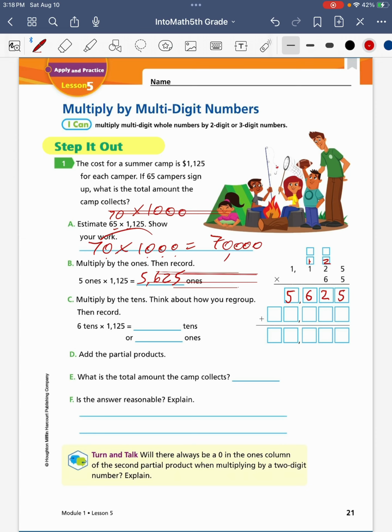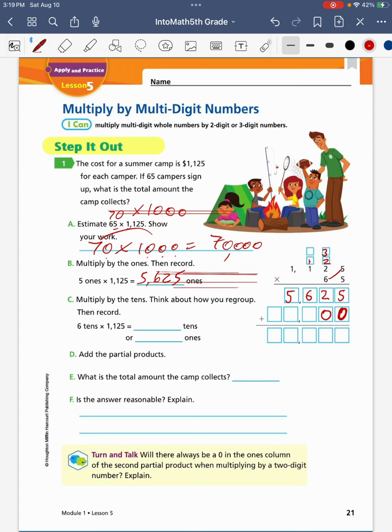Now I multiply by my tens. Think about how I regroup and I record. Next, I will do a placeholder 0 because I'm no longer in my ones place. Then I multiply 6 times 5, which gives me 30.